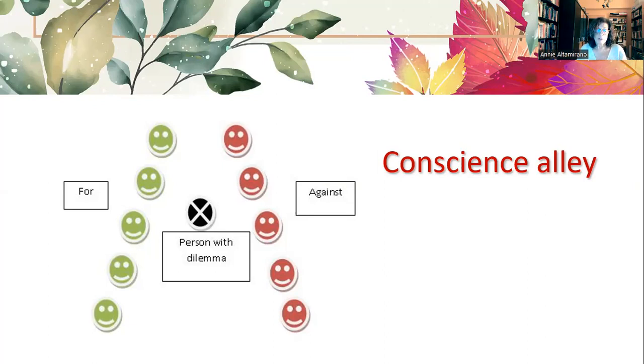So from a conscience alley, the students can take two positions. The ones who think she should keep her promise stand on one side of the alley, while those that think she shouldn't stand on the other side. And as the child walks the conscience alley slowly, the others quietly explain their reasons for the side they have taken. And eventually, the girl makes a decision.